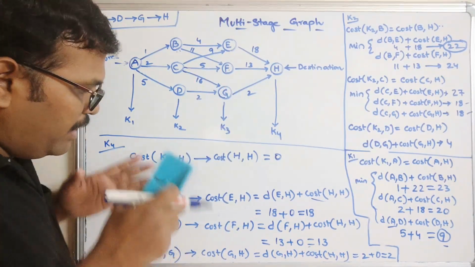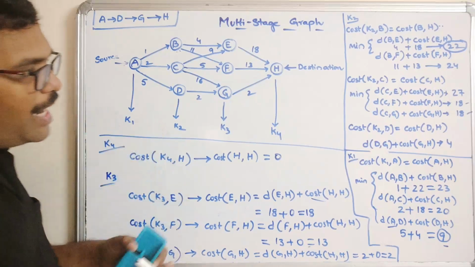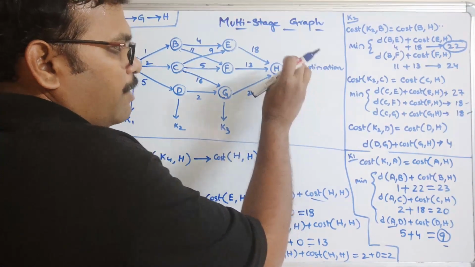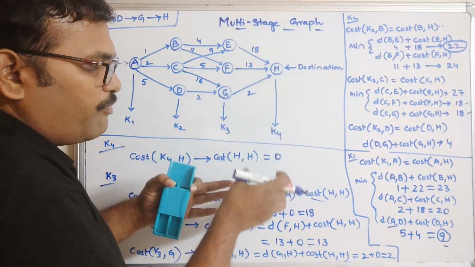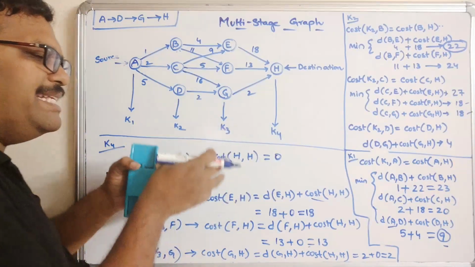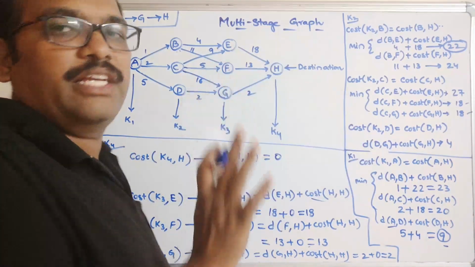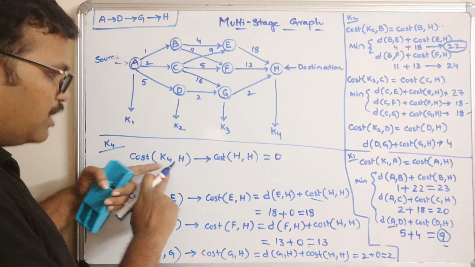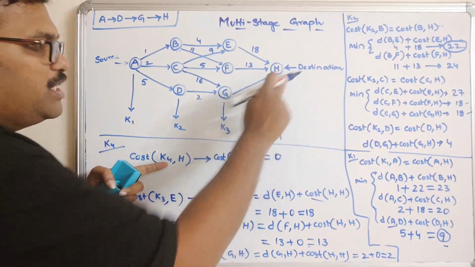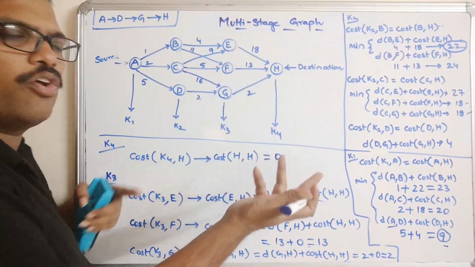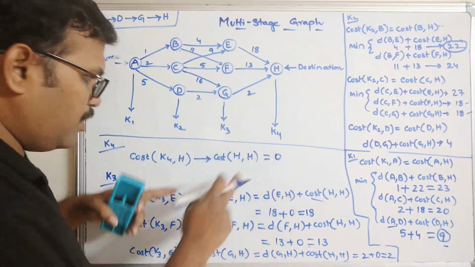So here what we have to do is start with the destination, and from the destination try to find out the cost from each and every stage towards the destination. The cost of the fourth stage, destination to destination, will be 0, since only one node is there.